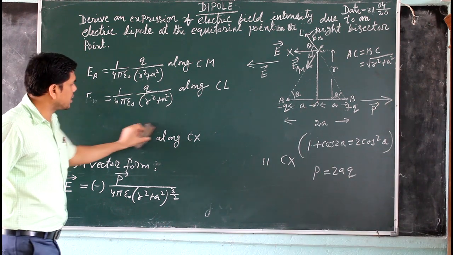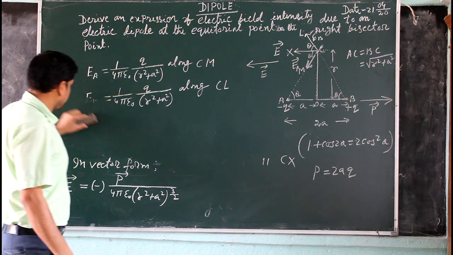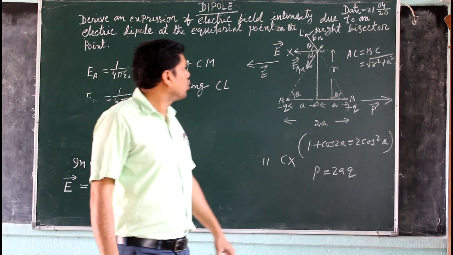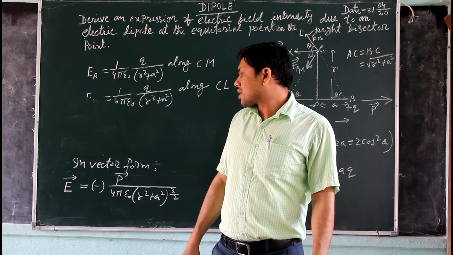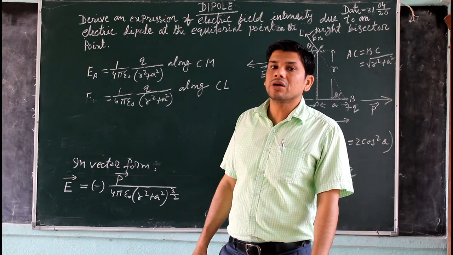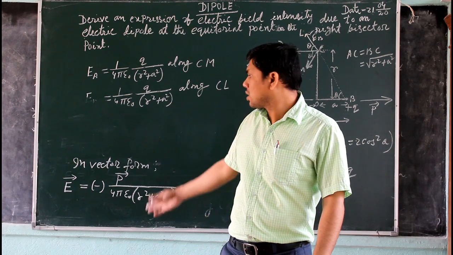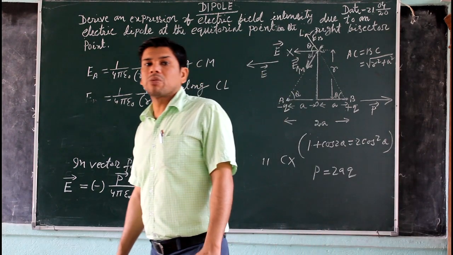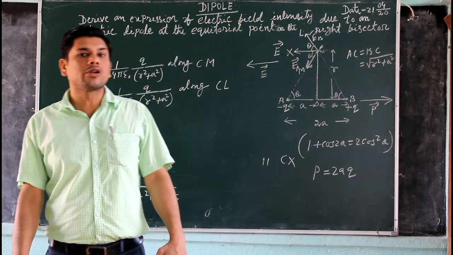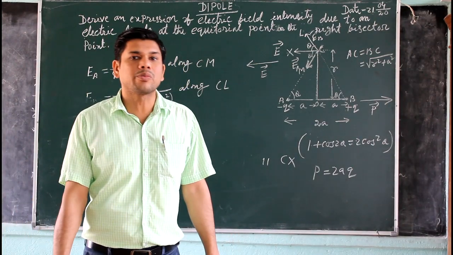Like last lecture, where we found the expression of resultant electric field due to a short dipole, here also we have to find the expression of resultant electric field at the equatorial point due to a short dipole.